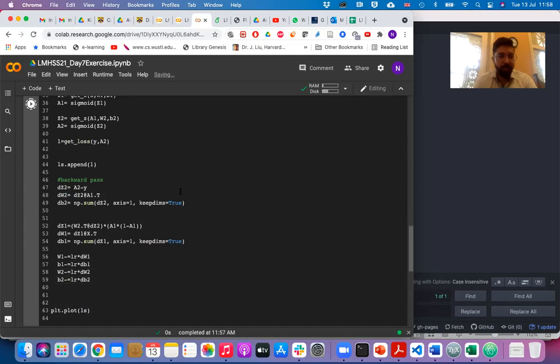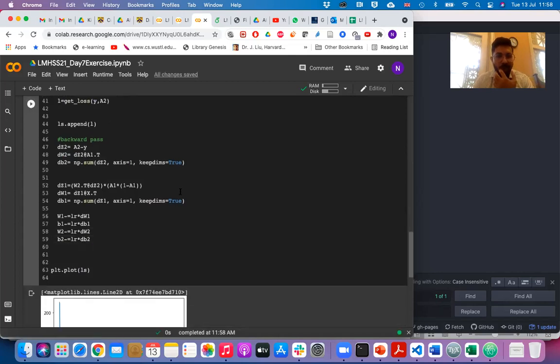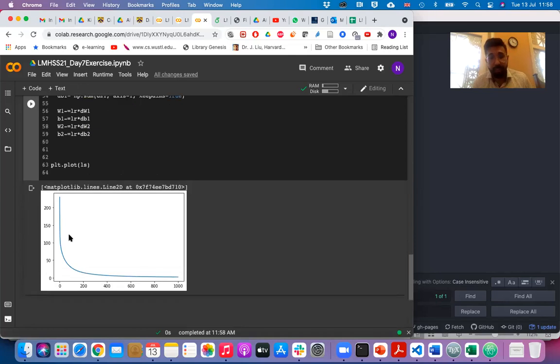So let's run it now. That's actually fairly nice. You can see that the loss function is decreasing, and we are actually learning something.